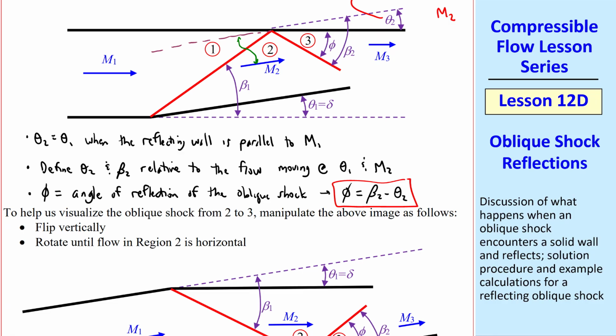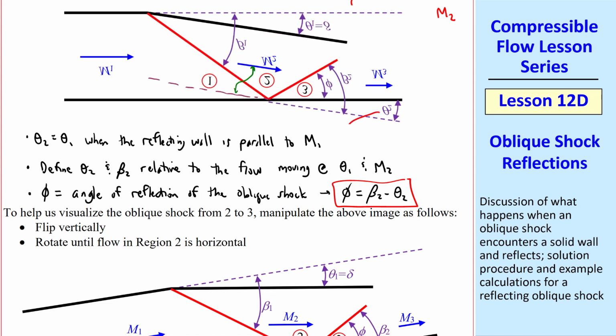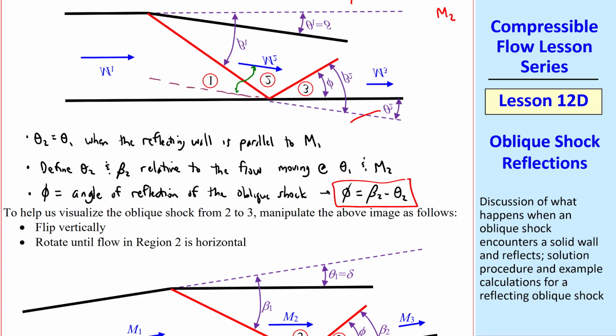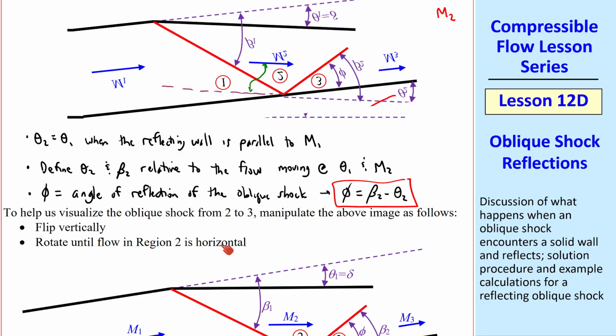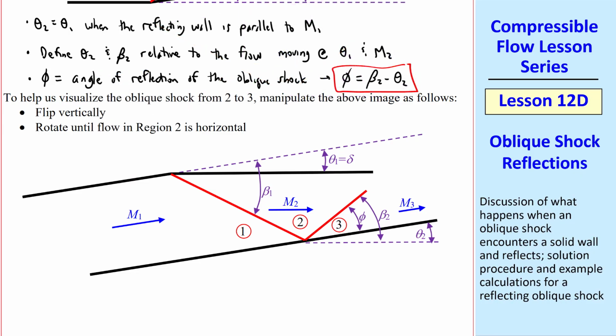To help us visualize this a little easier, imagine taking this diagram, flipping it vertically like this, upside down, and then rotating until region 2 is horizontal. I end up with this view of the flow, with M1 coming in at this angle, and this wall and M2 flow being horizontal.